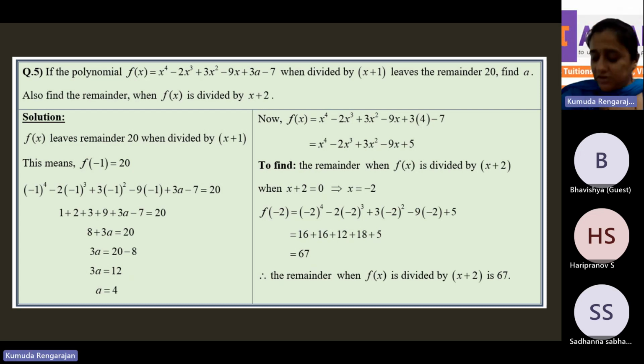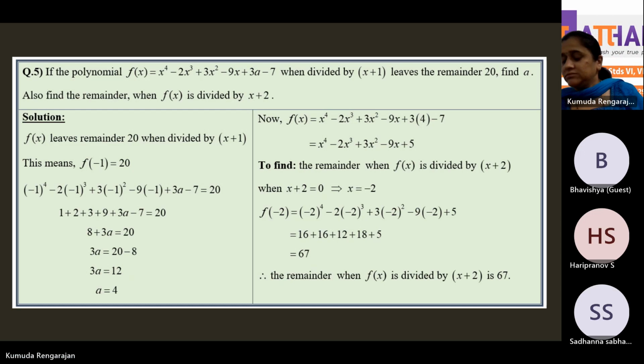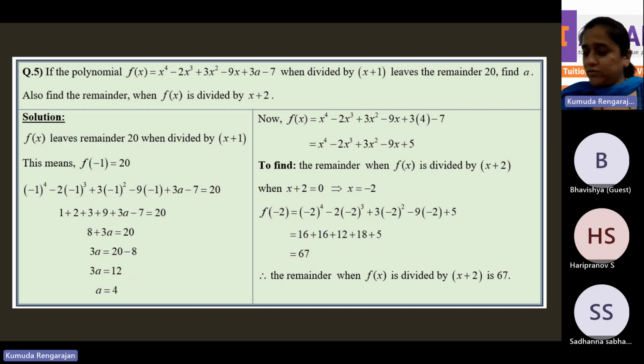Online students, finish writing? Yes, ma'am. Going to finish. Understand how it works, children?